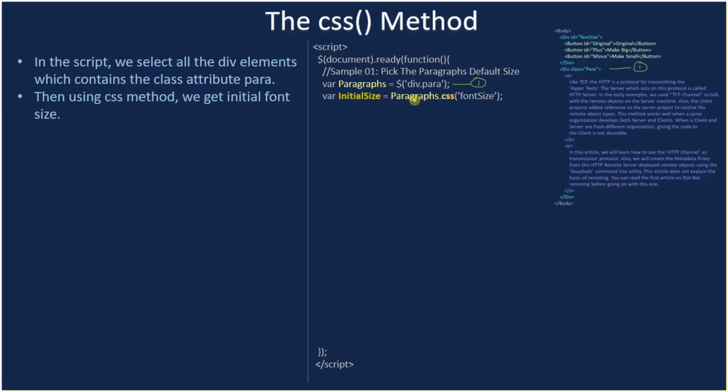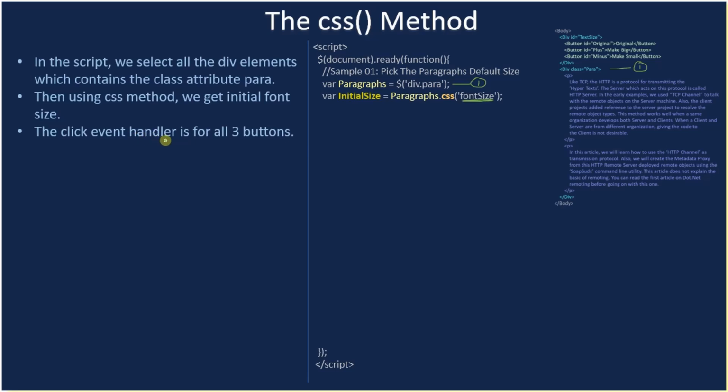Then on the variable paragraph, we are making a call to CSS. That means on the div tag, you are making a call to CSS, and to this CSS method you are supplying the font size. When we supply font size, it will return the current font size, and we are storing that in initial size.